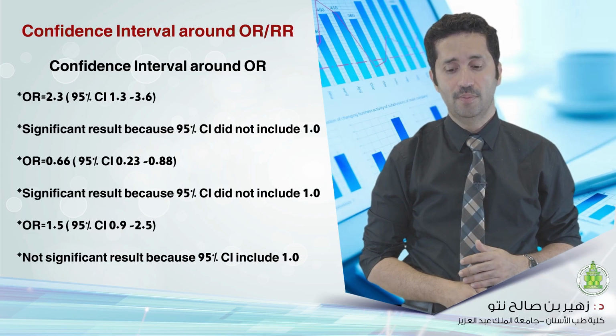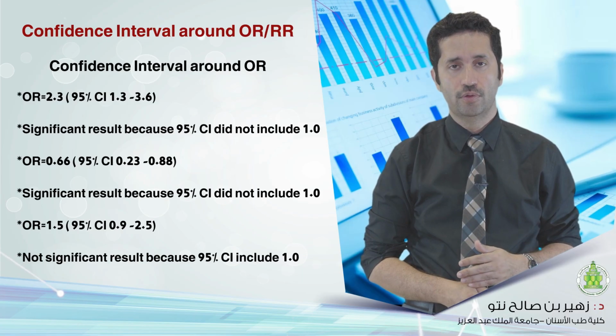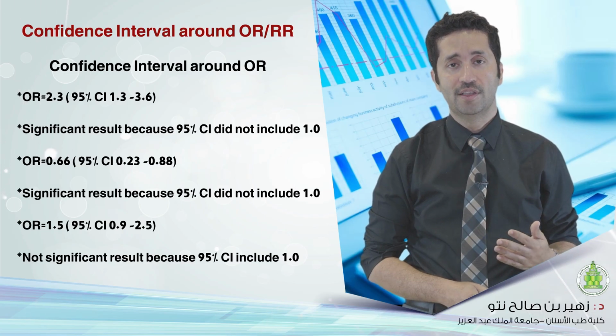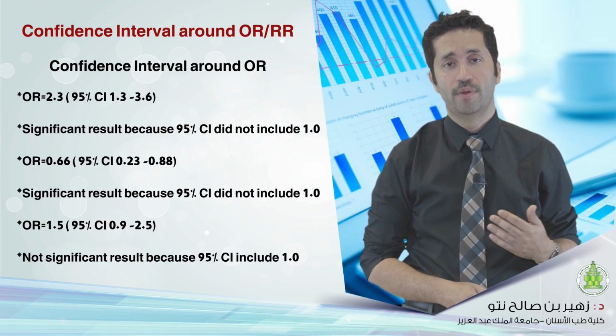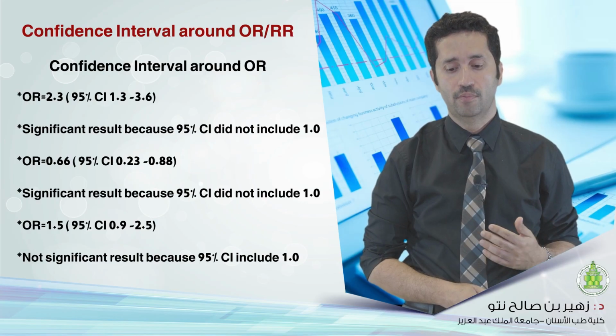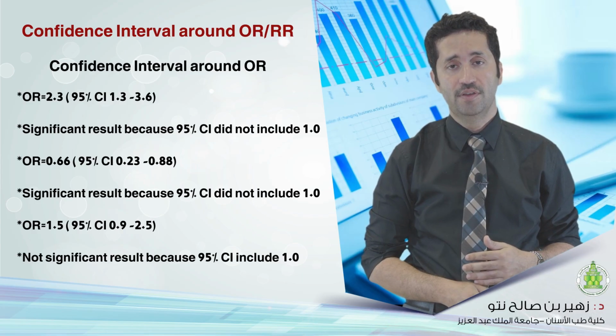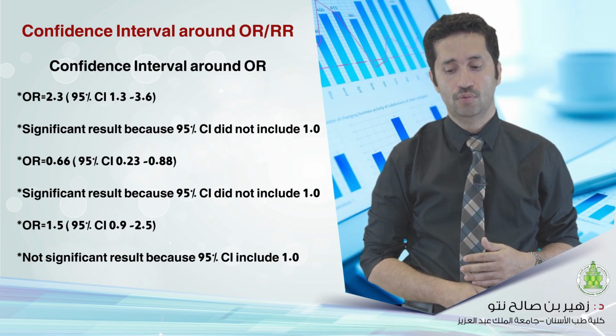In the second example, the odds ratio is 0.66, confidence interval range between 0.23 and 0.88. So the first group is less compared with the second group by 0.66 times, and the result is statistically significant because it did not include 1.